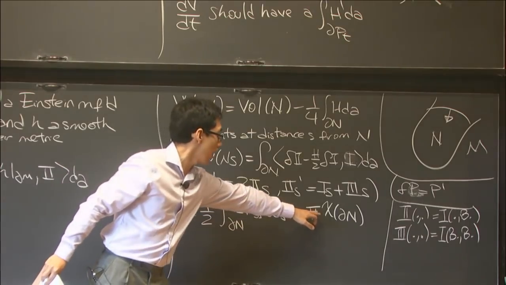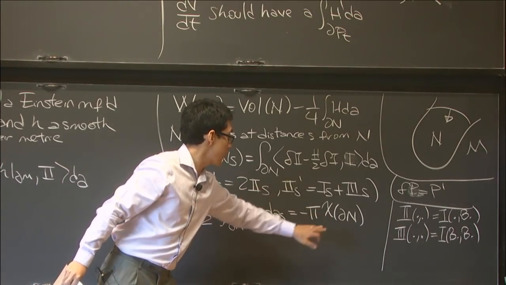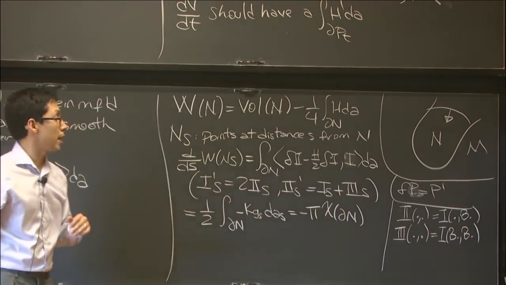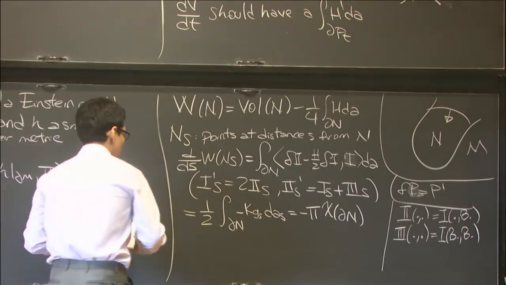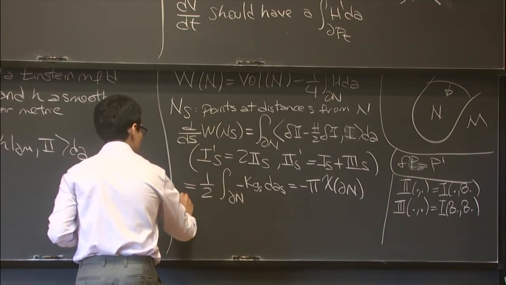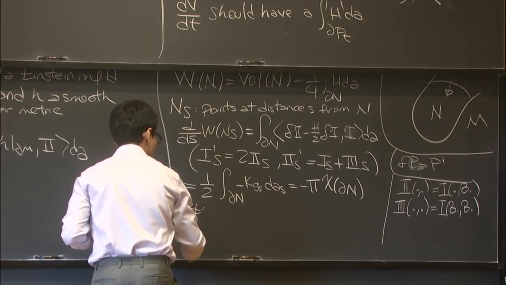This is going to be a fixed number, a negative number. So we know that this function is growing as a polynomial. In particular, we will be able to define the following.